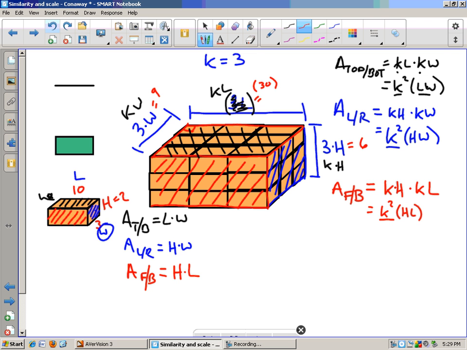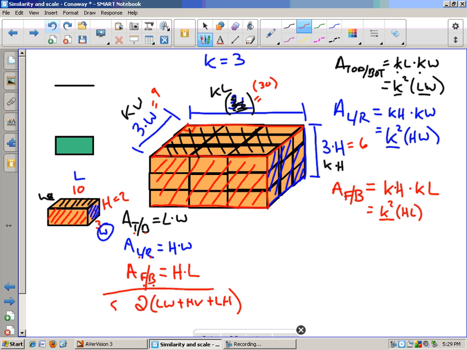Now to get the surface area, we add all these together. But there are two of each: one for top, one for bottom, one for left, one for right, one for front, one for back. So when I add them together, I get 2 times length width plus height width plus length height. I think that's a formula out of your book.